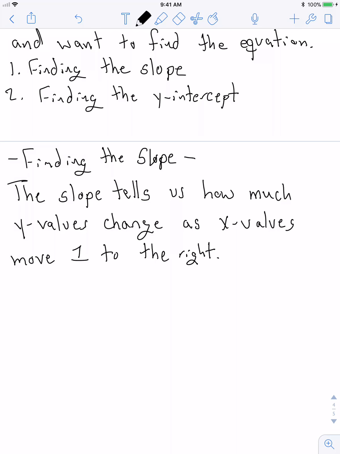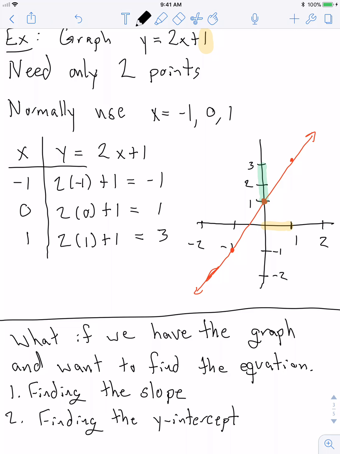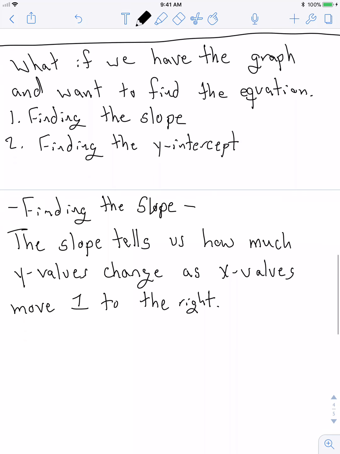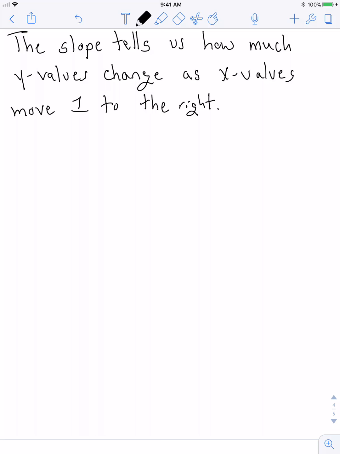We saw in the previous example, which we'll scroll up to, that the slope was 2 because as we moved from 0 to 1, the y values increased from 1 to 3, or increased by a value of 2. This means if we look at how the values are changing on the graph, we should be able to find the slope right away.